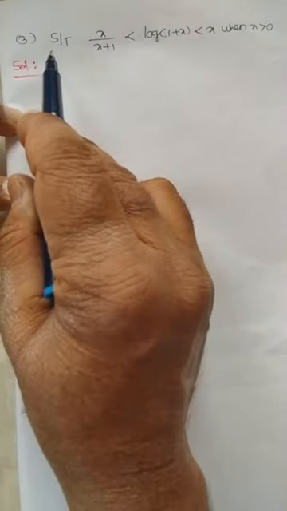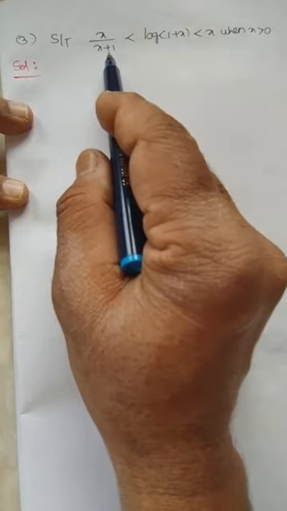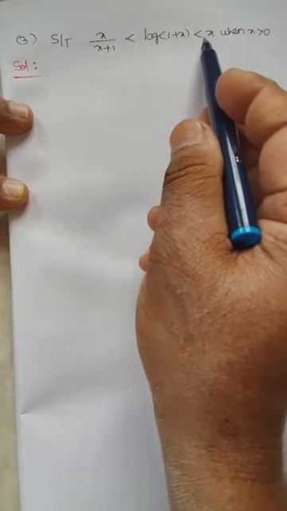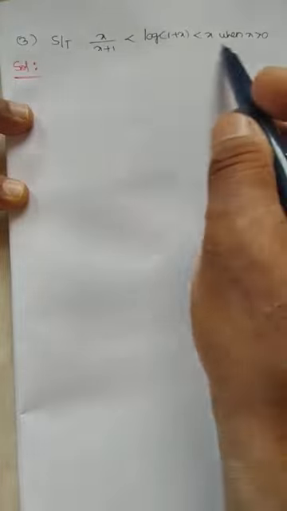Okay. Now let us see one more, a different problem. Show that x by x plus 1 is less than log of 1 plus x, which is less than x, whenever x is greater than 0. We have to show this case.